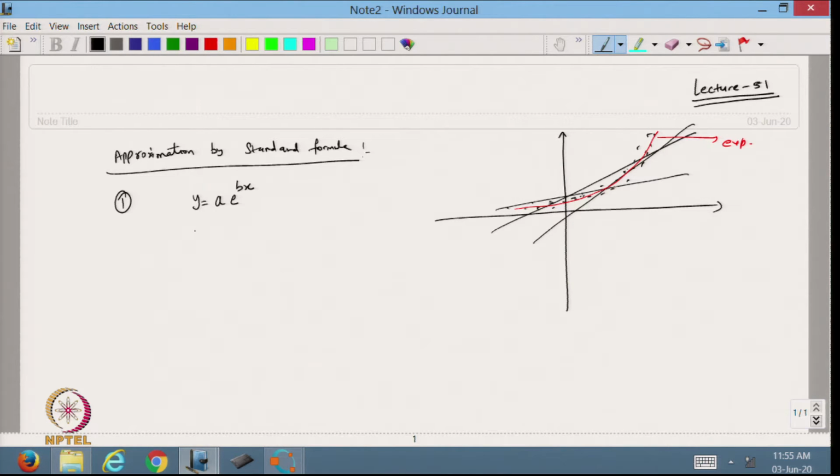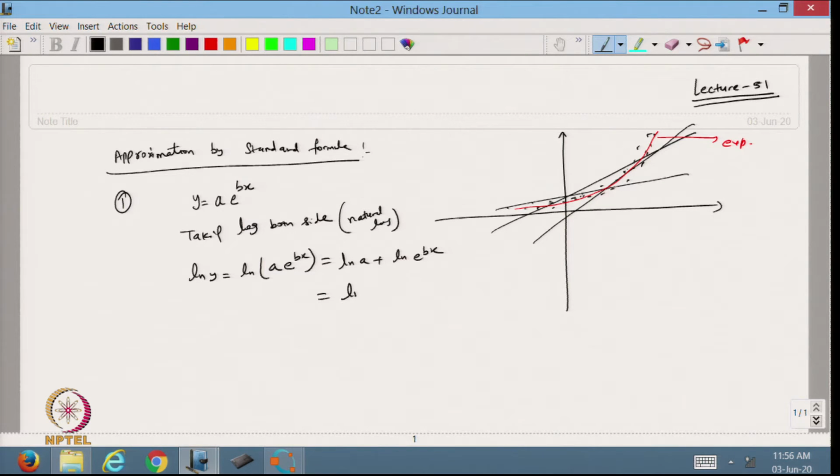What I do is take the natural log on both sides. So it is ln y equals ln of a e^(bx), which I can write as ln a plus ln e^(bx), which is ln a plus bx.